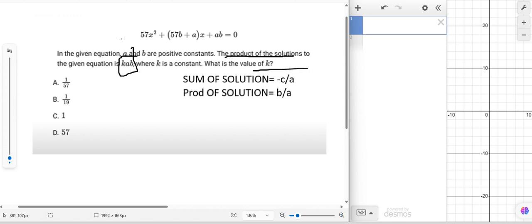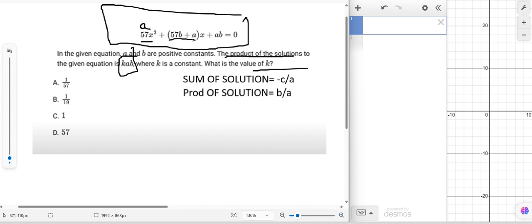First of all, let us see what a, b, and c are. In this equation, our value of a is 57. This whole part is b, and this is c. The product of solutions is given to us, which equals kab.